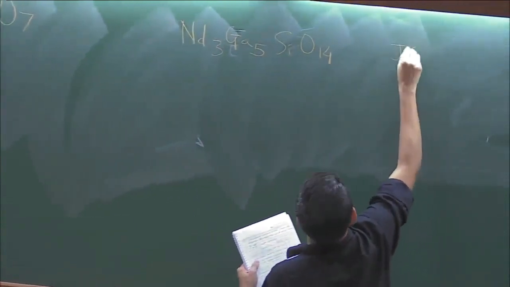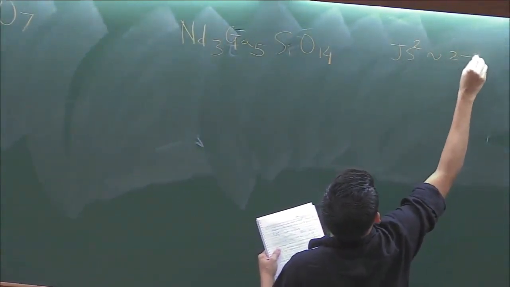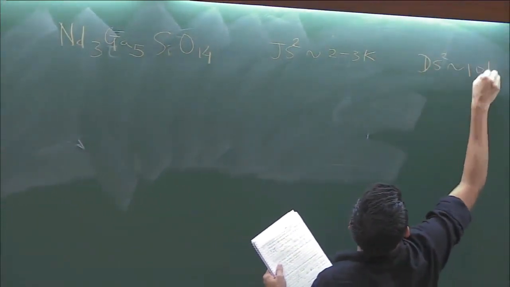Again, J S square is much smaller, 2 to 3 Kelvin, compared to D, which is 10 Kelvin.